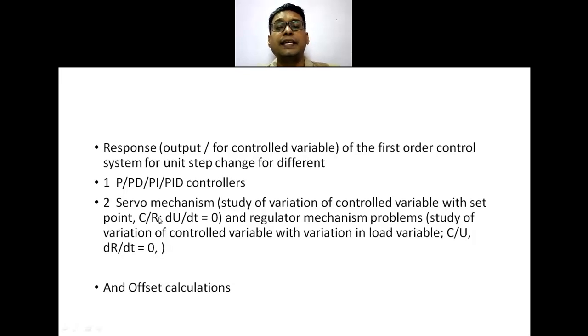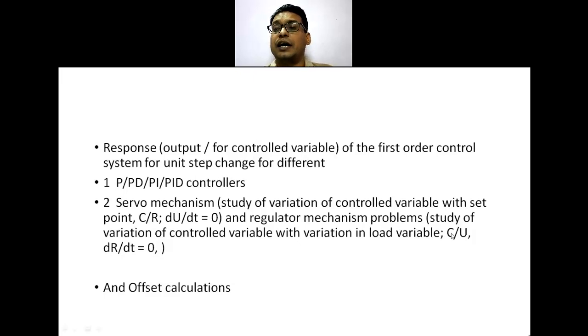Now, in this case, the change in the load variable, that is U, with respect to time is 0. That is related to the servo mechanism problems. And the second type of problem is the regulator mechanism problem, where it's the study of variation of the controlled variable with the variation in the load variable.